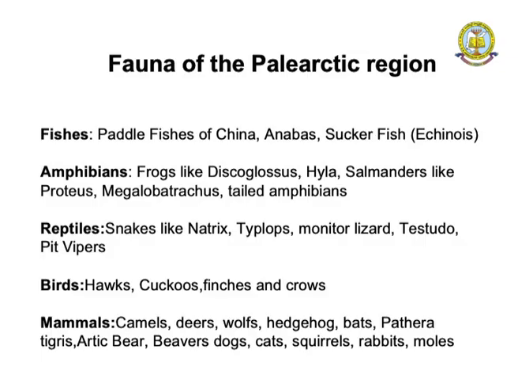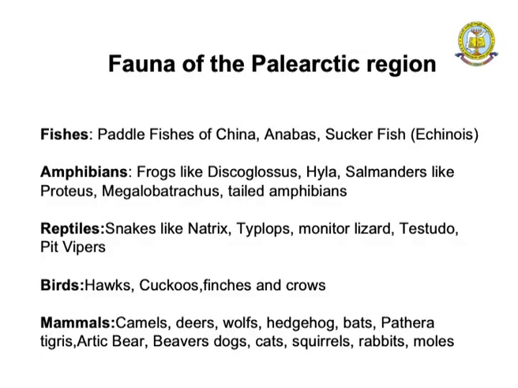Apart from this, some of the major fishes are suckerfish, anabas, and amphibians like Discoglossus, Hyla, salamanders like Proteus, Megalobatrachus, and tailed amphibians are important in these regions. Among the reptiles, we have natrix, Typhlops, monitor lizard, Testudo as the major turtles found in this region, and then vipers.